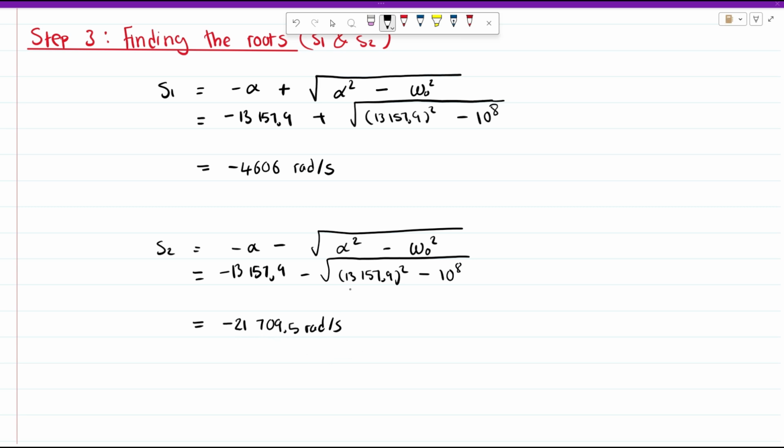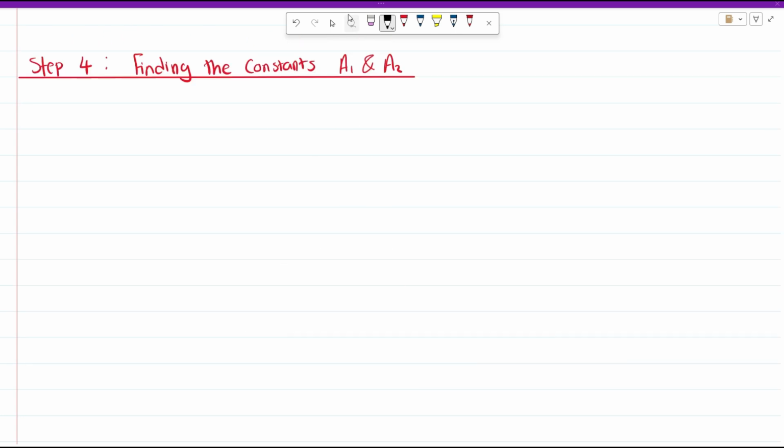21,709.5 radians per second. Now that we have the roots of the equation, we have to move on to the next step. What is the next step? To find the constants of the characteristic equation. To find the constants, we're going to use two equations simultaneously. The first equation is A1 plus A2 is equal to the initial capacitor voltage.